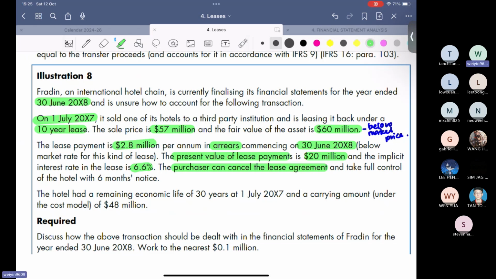The hotel has a remaining economic life of 30 years on 1st July 20X7, and the carrying amount under the cost model is 48 million. You are required to discuss how the above transactions should be dealt with in the financial statements of Jardine for the year ended 30th June 20X8, working to the nearest 0.1 million.